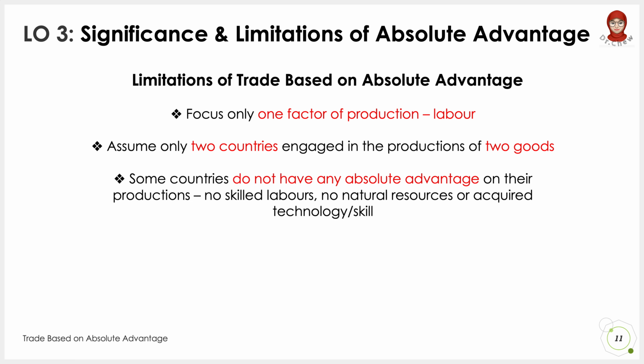Third, the assumption of a country holding absolute advantage is not realistic because some countries might not have any absolute advantage. Fourth, countries are different in sizes and specializations. Remember the gravity model, which emphasized size, GDP of the countries?